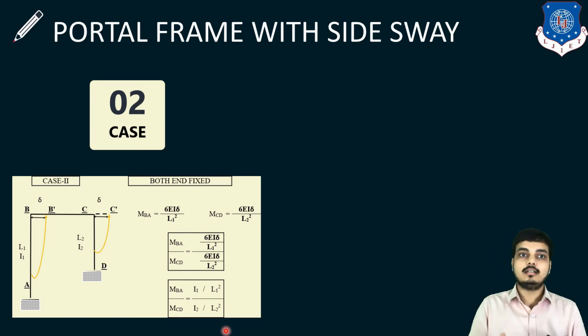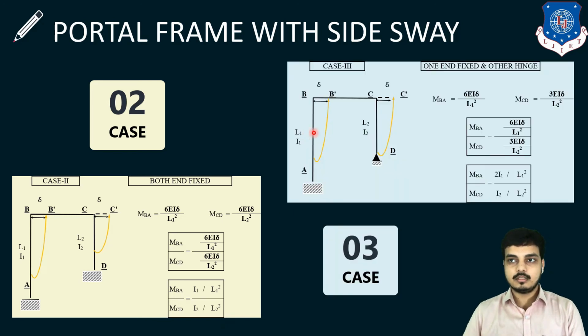Now let us consider a mixed connection. If one end is fixed and the other is hinged, what will happen? In case number 3, we consider one fixed and one hinge. Here you can see there is a hinge connection in CD, and in the AB column there is a fixed connection. For fixed, the formula becomes 6EI delta upon L square, and for MCD, whose far end is simple, the formula becomes 3EI delta upon L square.